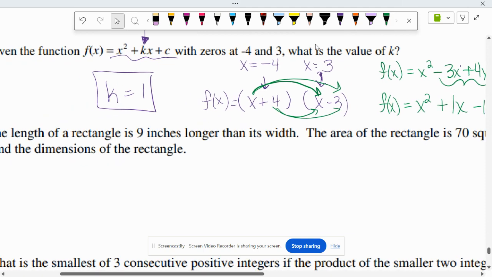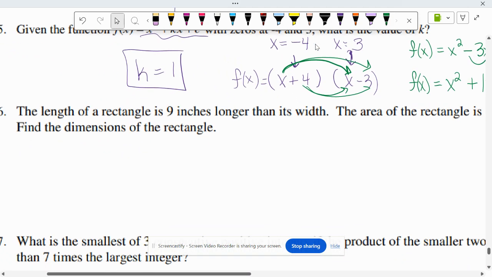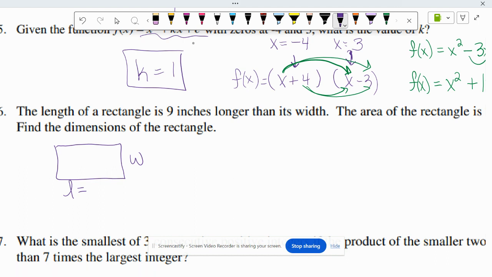Question number 6. Sorry. The length of a rectangle. Well, first thing I'm going to do is just draw a rectangle. I'm going to label this side W and I'm going to label this side L. It says the length is 9 inches longer than the width. What does that look like? Trinity's not here. Sorry. What does that look like, Catherine? How do I show 9 inches longer than the width?